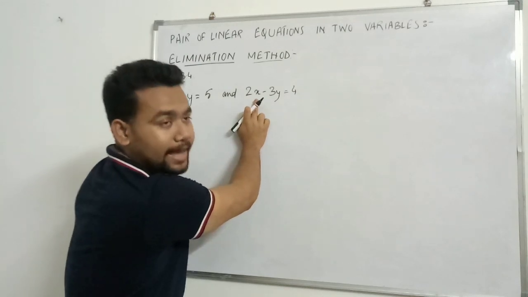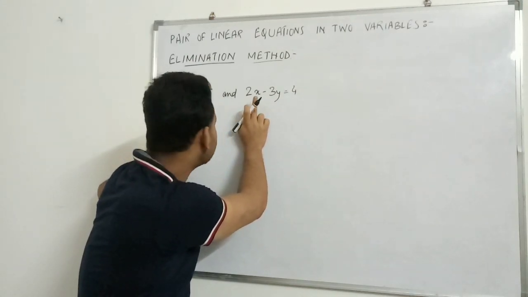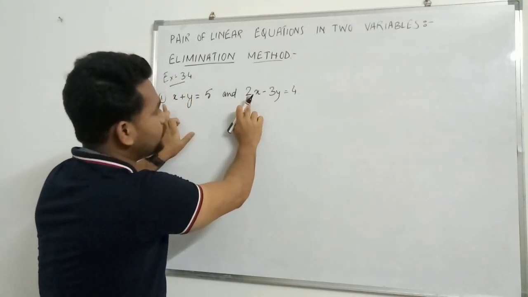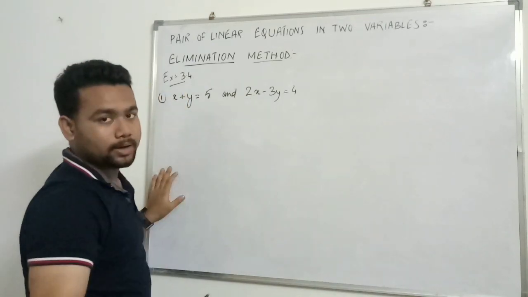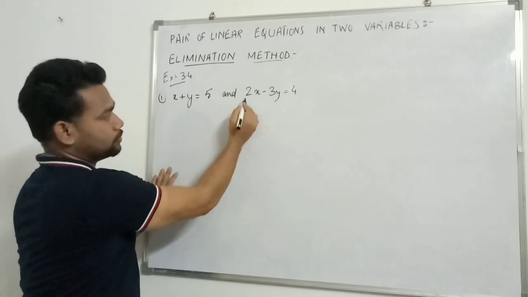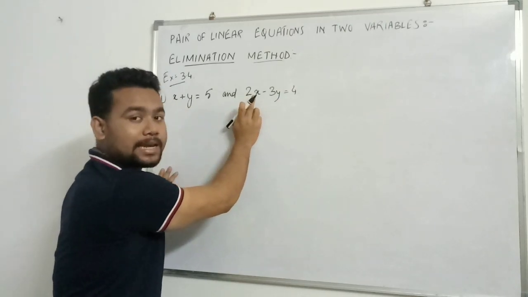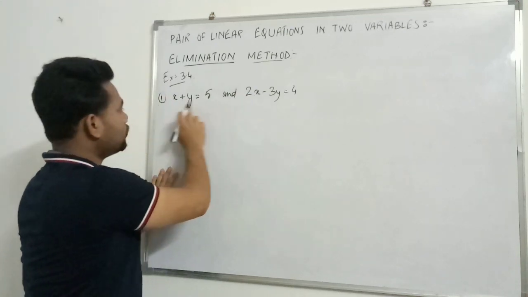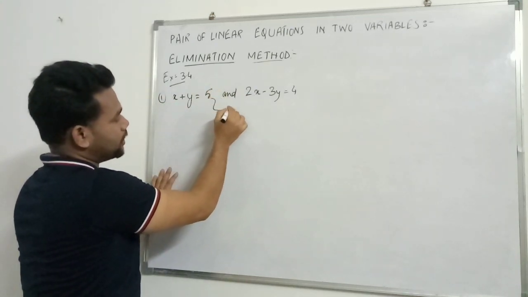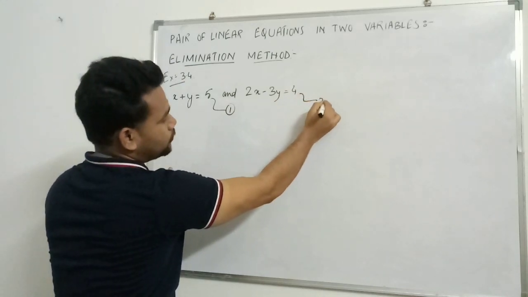Since we want to delete x, we have to focus on their respective coefficients, right? So here the x value is 1. We need to have 2, because this second equation has the value 2, means the coefficient is 2. Right? So your first work is to mark it as 1 and mark it as 2.